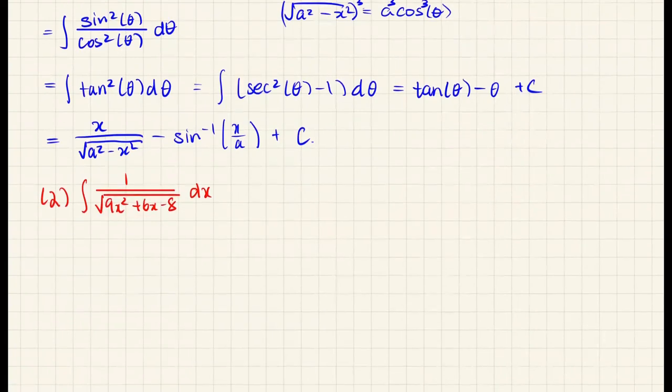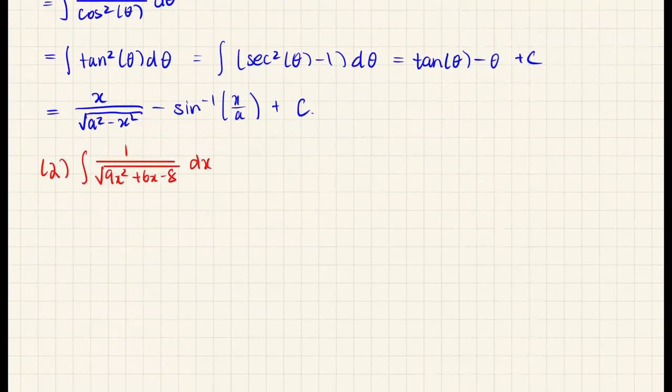So if you remember completing the square, if we have 9x squared plus 6x minus 8, I'm going to take the first two terms. So we have 9 bracket x squared plus 2 over 3 x, and then minus 8 out here. And then I'm going to add and subtract the middle term divided by 2, so that's going to be 1/3, and then square the whole thing.